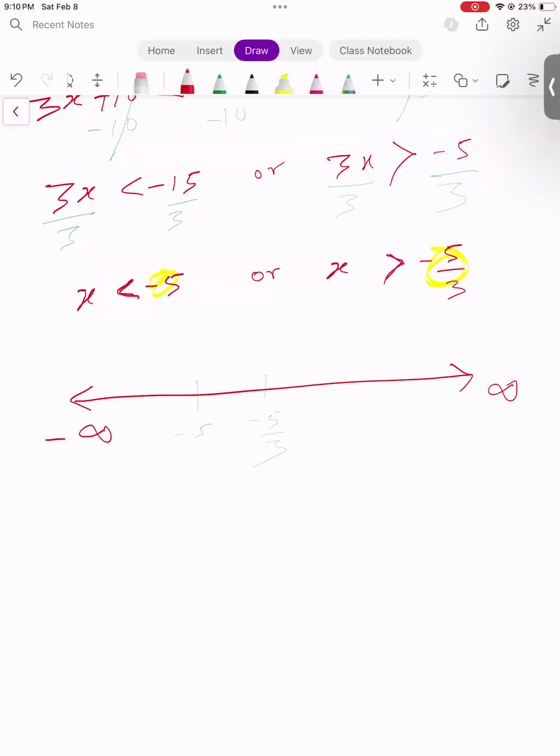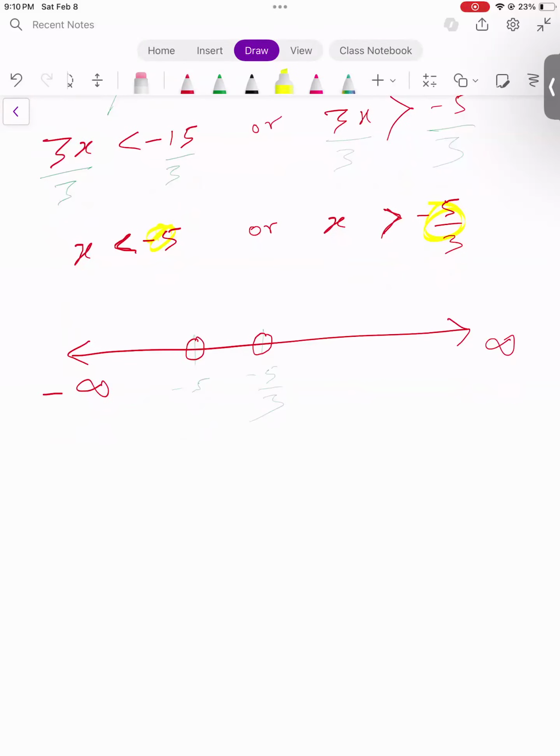No equals to means you are using an open circle. Open circle means you are using parenthesis. Now this is x less than -5. Less than -5 means on the left of -5, so this part, and x greater than -5/3. Greater than means on the right. So these are the solution.